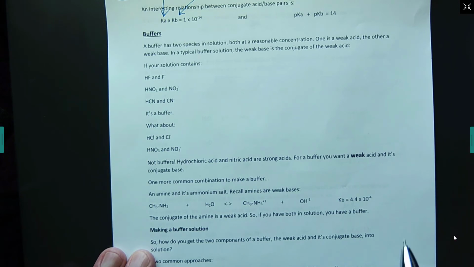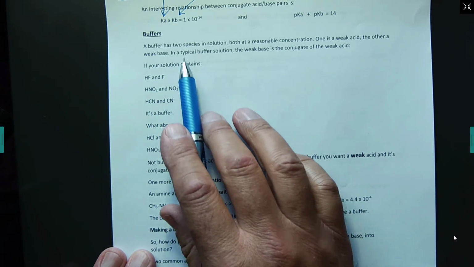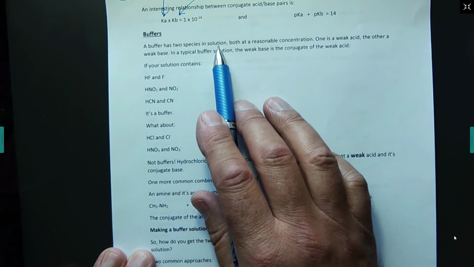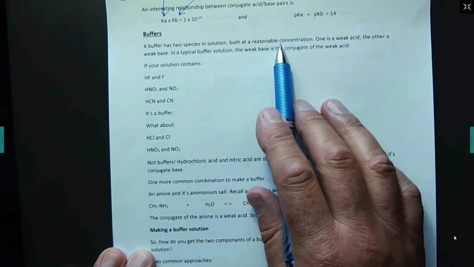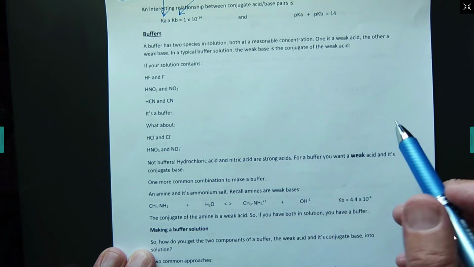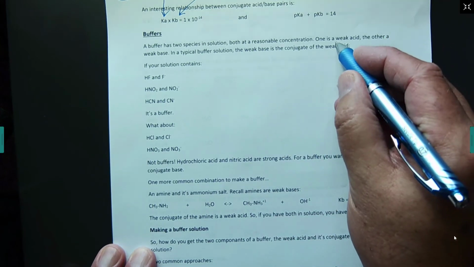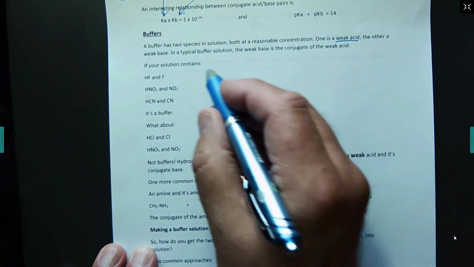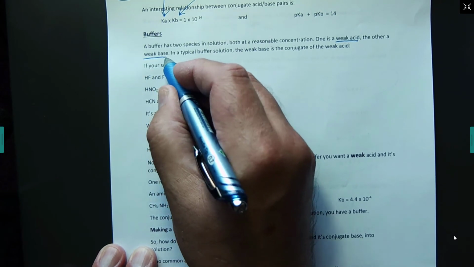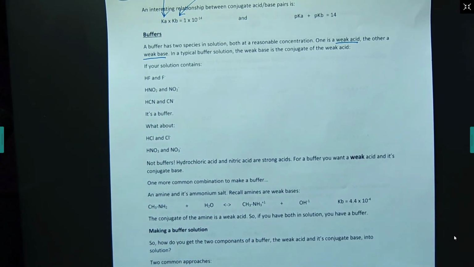For a solution to be a buffer solution, it has to have 2 species in solution, both at a reasonable concentration. One of those species is going to behave like a weak acid. The other is going to behave like a weak base.